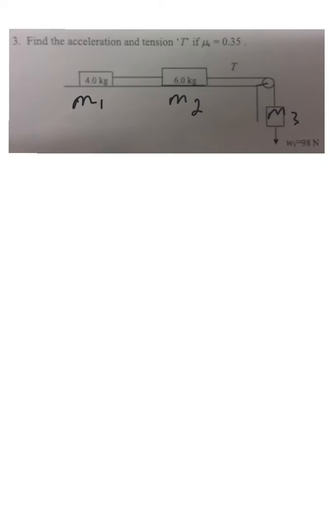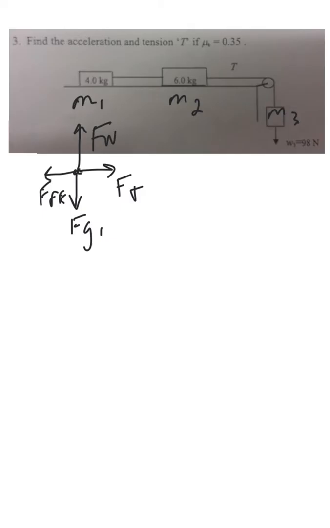All right, so now we're going to do the free body diagram for each one. So there is friction in this. The free body diagram for this one is going to be force of gravity 1, normal force, force of tension, force of friction, kinetic. For mass 2, it's going to be force of gravity 2, normal force, force of tension again.